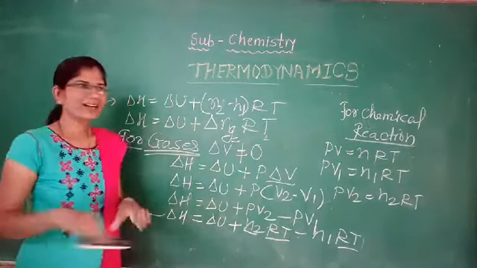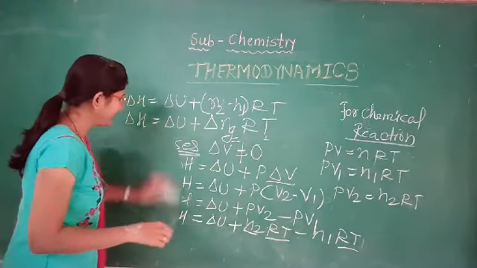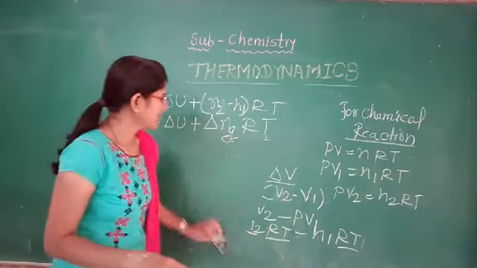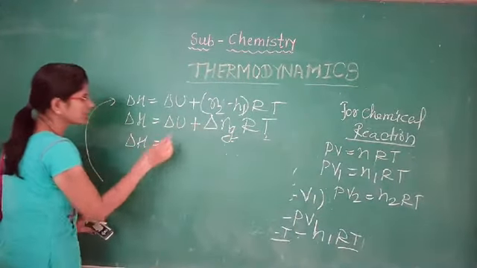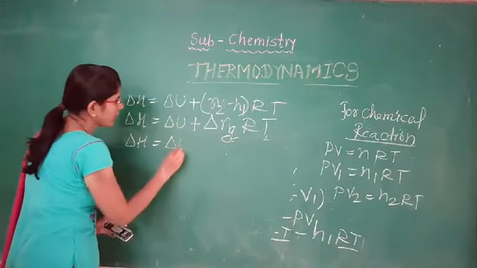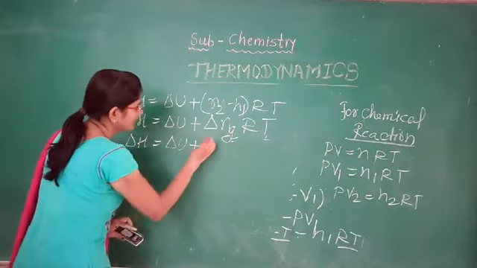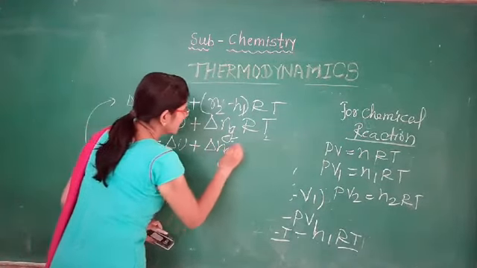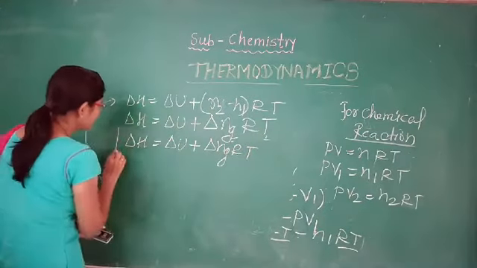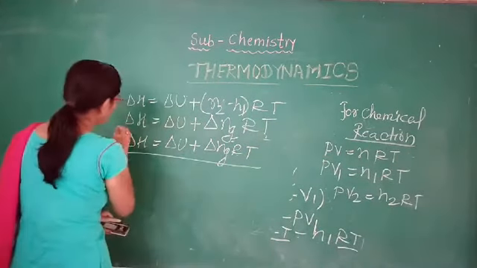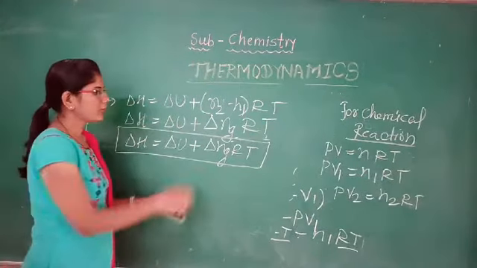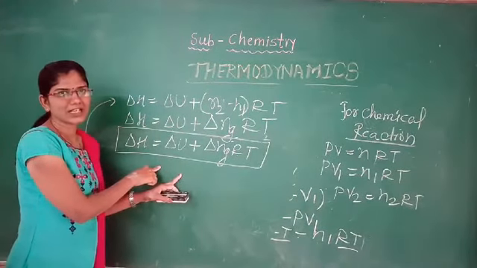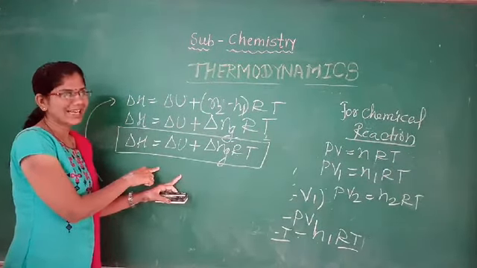So finally we can write it as, now we can write it like this, delta H is equal to delta U plus delta Ng RT, and this is the relation between delta H and delta U for chemical reactions, and only for the gases.